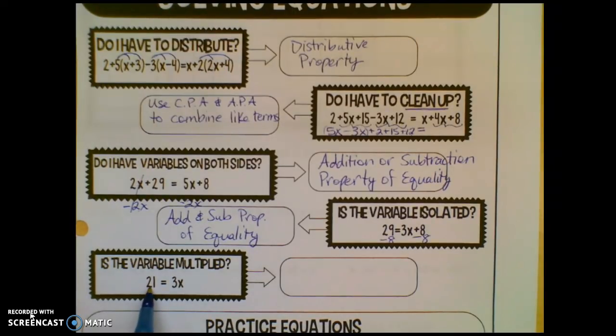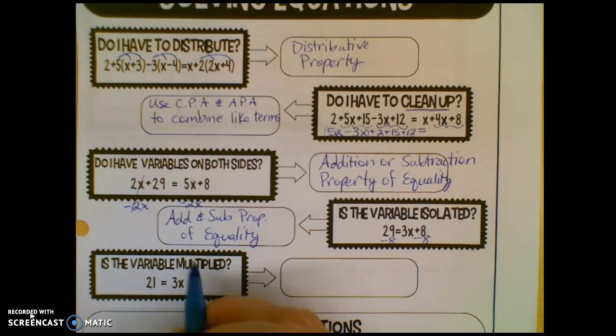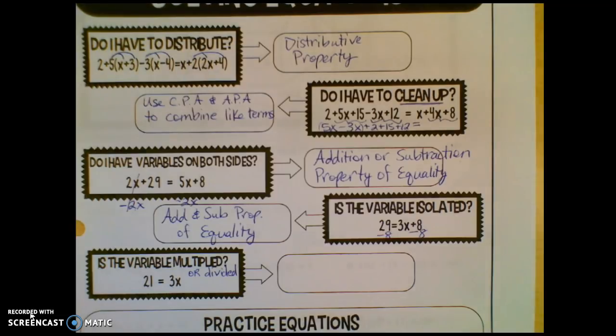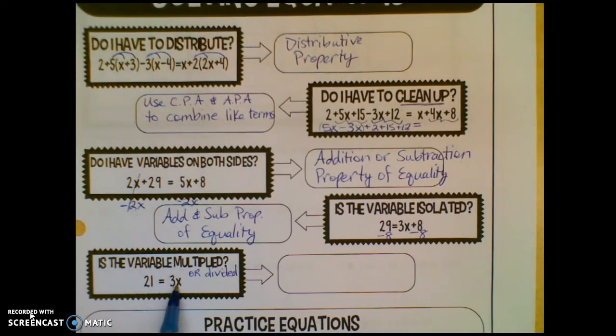So over here we get 21 equals 3x. Now, is the variable multiplied? Is the next question. And you can put in here, or is it being divided? Because sometimes it is being divided. Basically, does it have a coefficient in front of it?